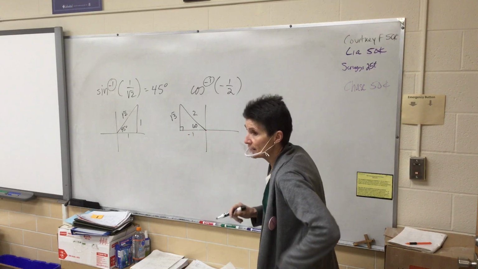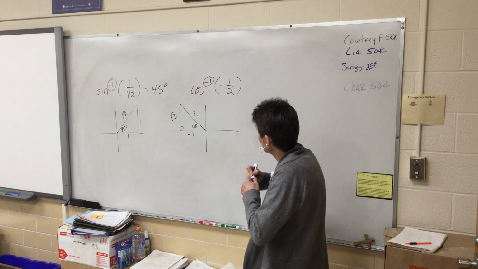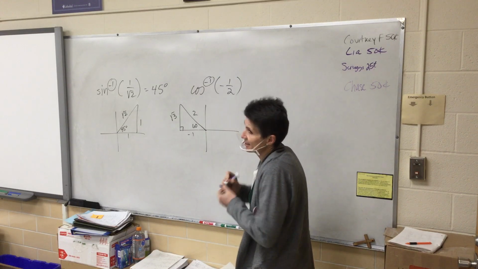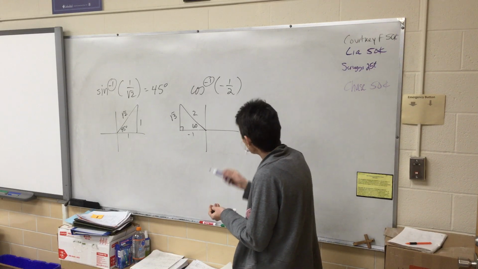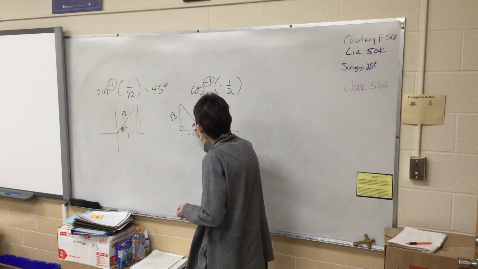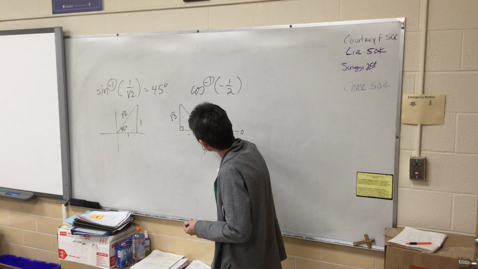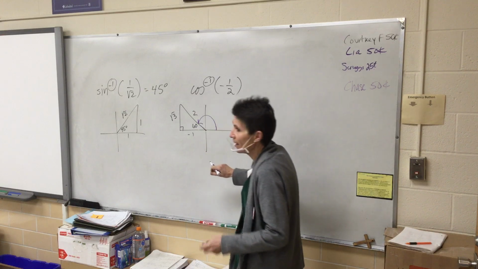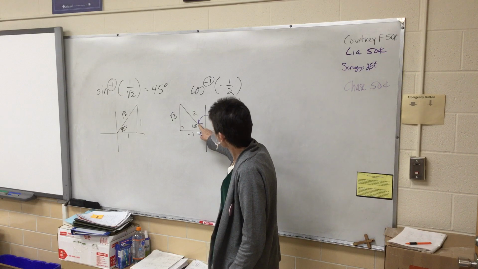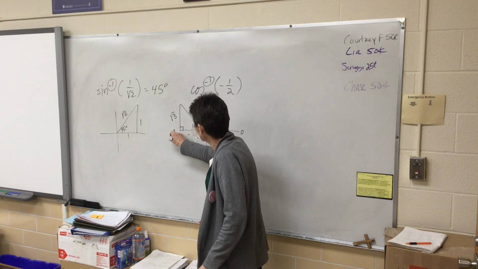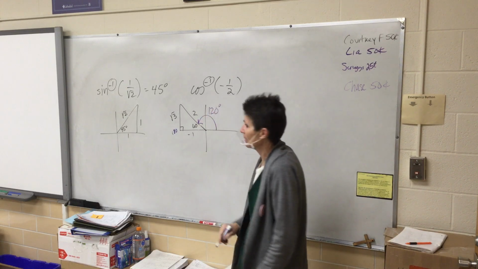Now here's the tricky part. It shouldn't be tricky, but some of you are making it tricky. The answer isn't 60. If we knew 60, it would be in quadrant 1. The answer is this. You have to start at 0. So how big is this big purple angle if it stops right here, which is 60 degrees before it gets to 180? 120, that is exactly right.